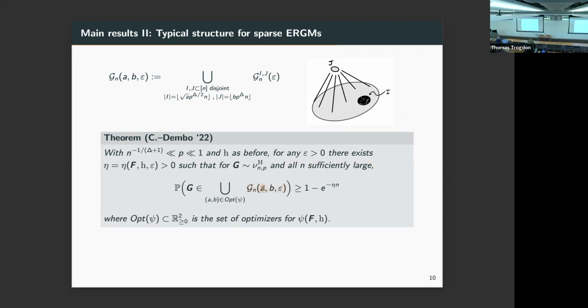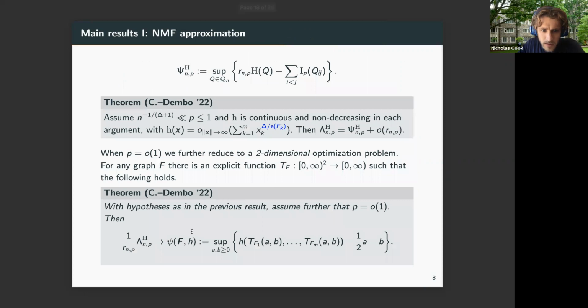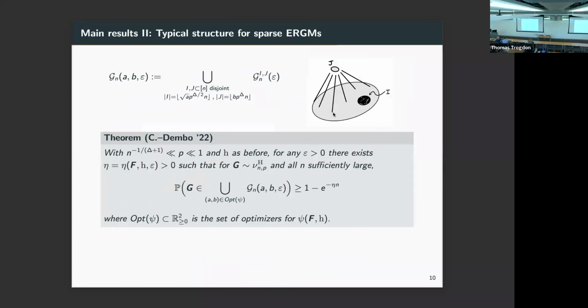And so all I have to do is tell you what a and b are, and a and b range over optimizers of this naive mean field free energy psi. Psi was this variational problem. So you have some set of optimizers. Often it's just a single point, (a, b), but sometimes there's more than one point that optimizes this. And then the graph will look like one of these graphs where a and b are one of the optimizers.